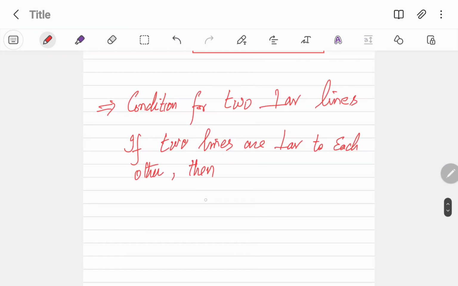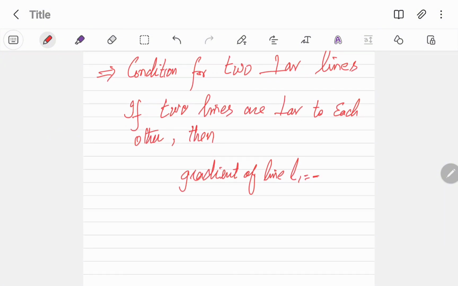Then gradient of line L1 should be minus reciprocal of gradient of second line.